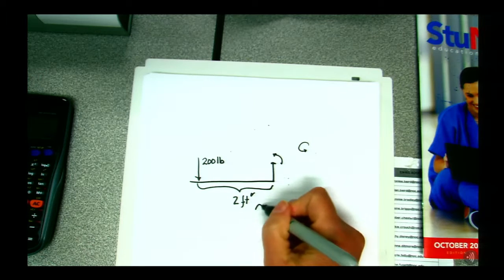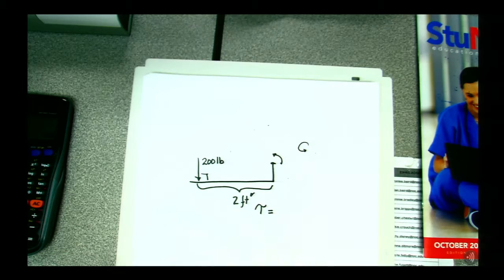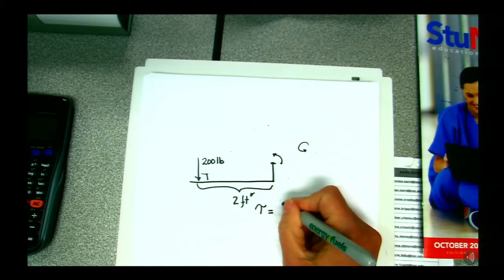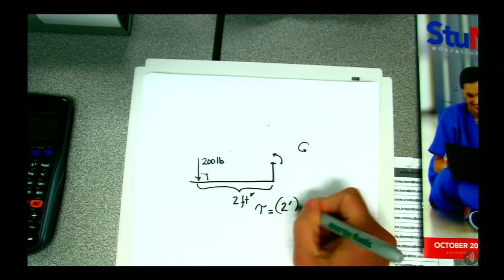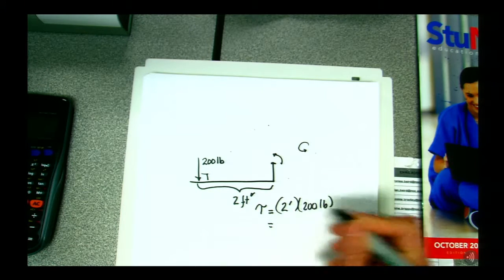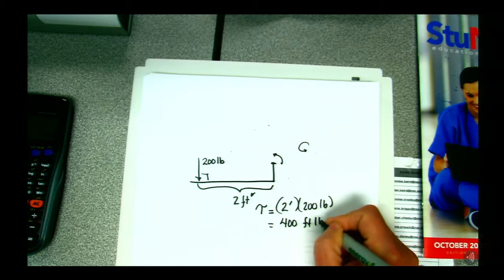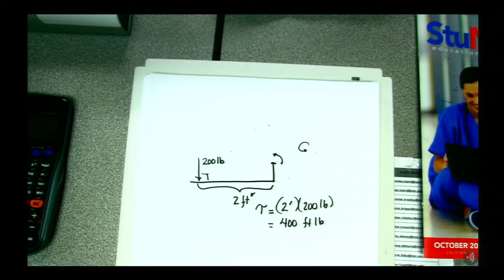Because this is perpendicular, the torque applied is going to be 2 feet times my 200 pounds, which gives me 400 foot-pounds of torque. That's exactly what I want in order to get my tire lug nut loose.